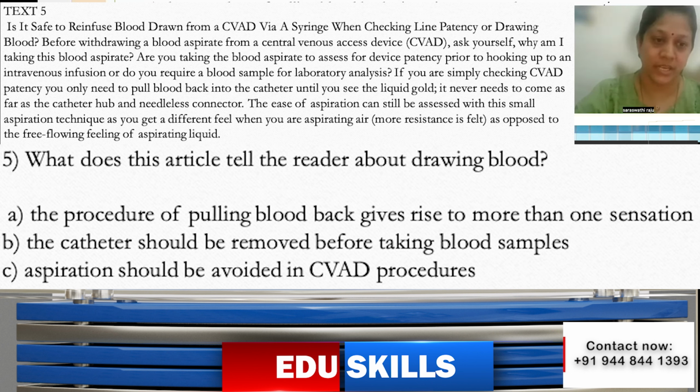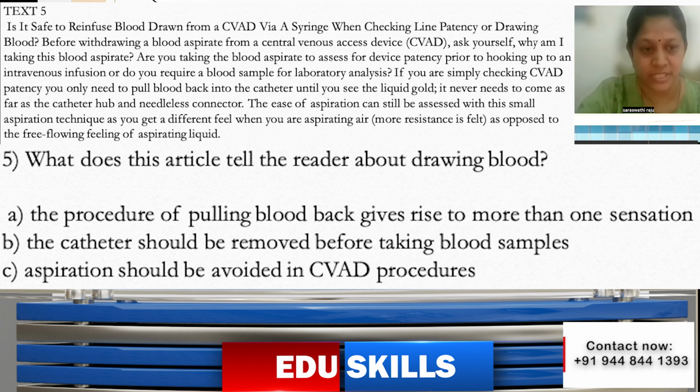So answer option A, the procedure of pulling blood back gives rise to more than one sensation. Option B, the catheter should be removed before taking blood samples. Option C, aspiration should be avoided in CVAD procedure. So here, the procedure of pulling the blood back gives rise to more than one sensation.